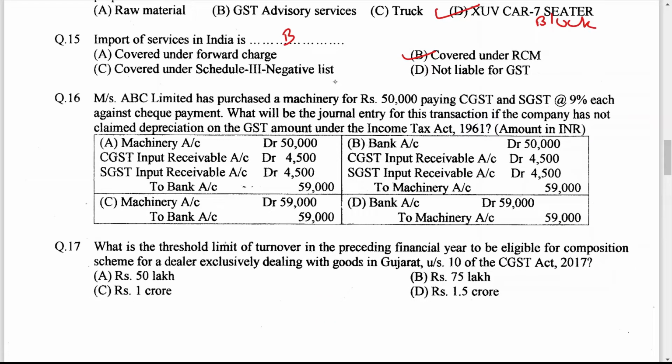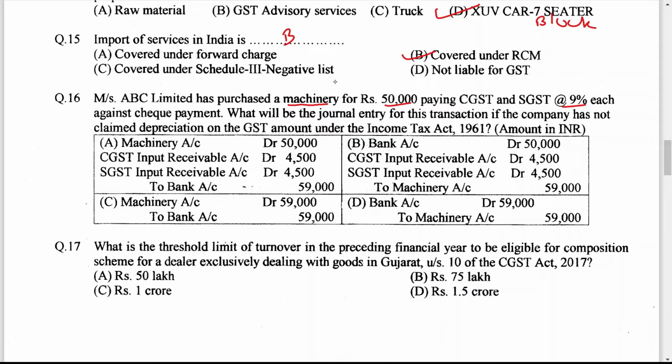Now Messrs ABC Limited has purchased a machinery for rupees 50,000, paying CGST and SGST at 9% each against cheque payment. Now here, what he has purchased? Machinery for 50,000. CGST and SGST is 9% applicable on it, and cheque payment was made.